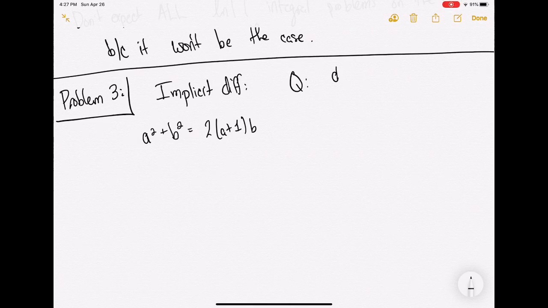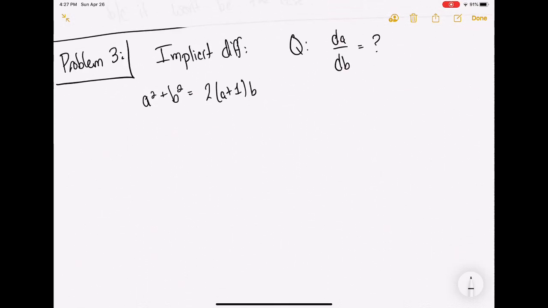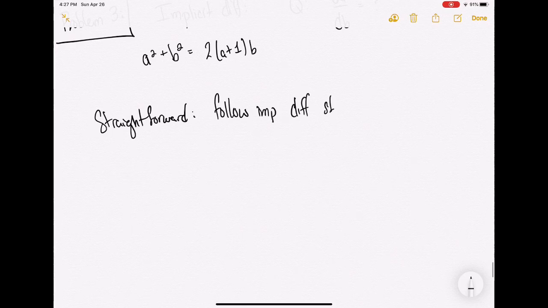Find dA over dB. Well, this is relatively straightforward. You just perform implicit differentiation. Follow implicit differentiation steps. See last week.